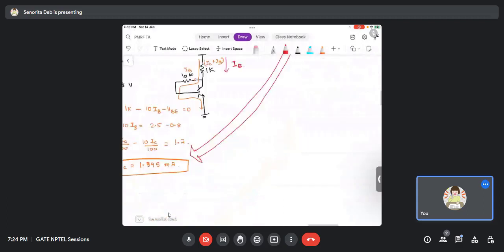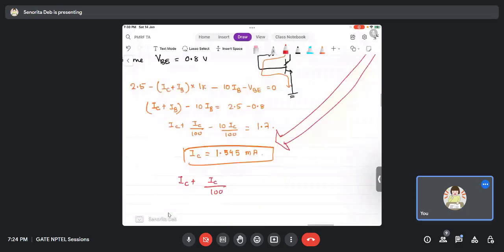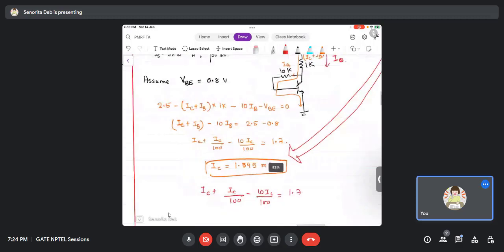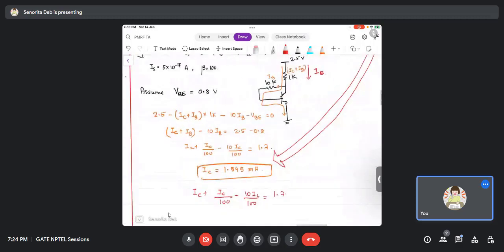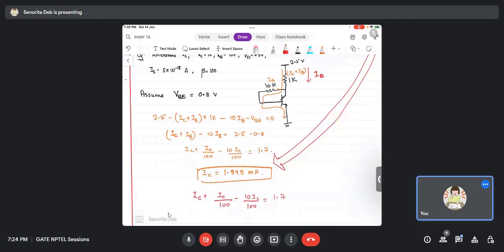So if you take IC plus IC by 100 plus 10 times IC by 100 equals 1.7, that is what we are getting, right? Please verify this KVL once. This is correct, right? This equation that I have written, please check it once.